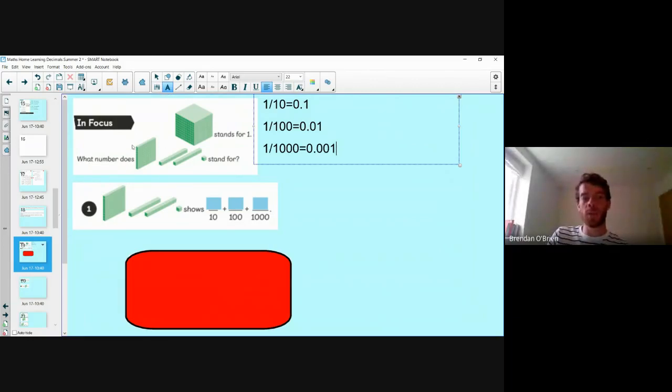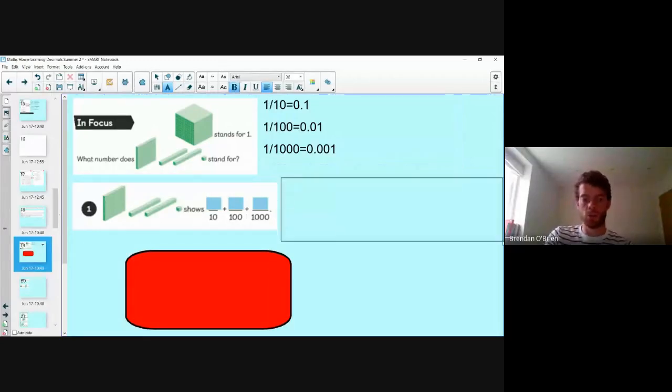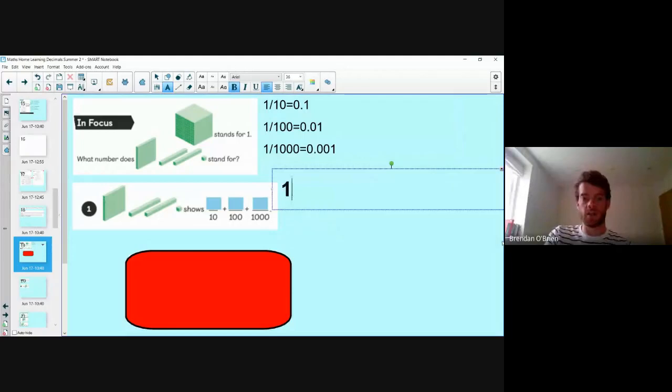What it's asking is, what number do these blocks all stand for? Well, let's have a look at this here. So I can see already, I know that I've got 1/10.